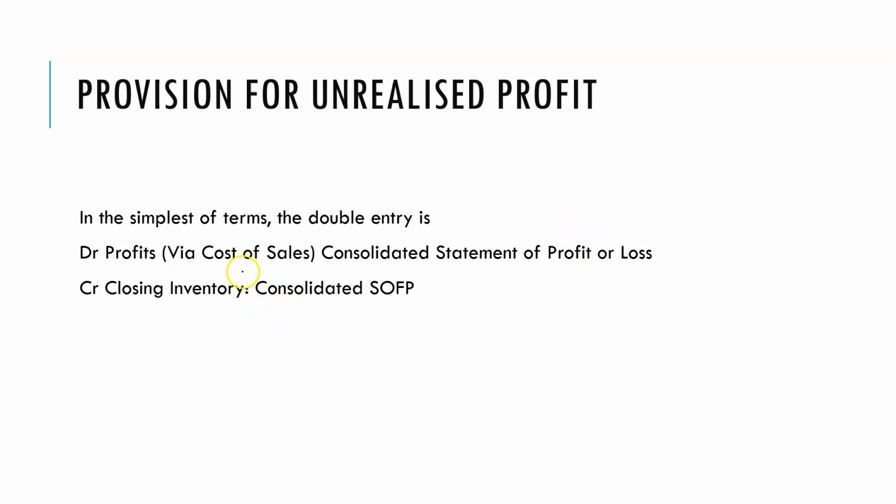This is what you're seeing, the real issue here, the real original movement: adjusting closing inventory via cost of sales, and therefore crediting it in the statement of financial position. This is the journal, the real journal of what's really happening. But in the consolidated statement of financial position, we don't see that.